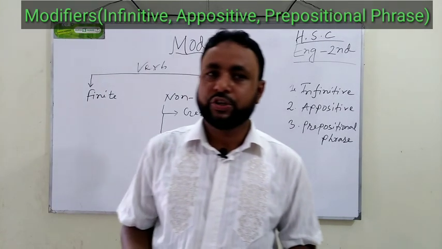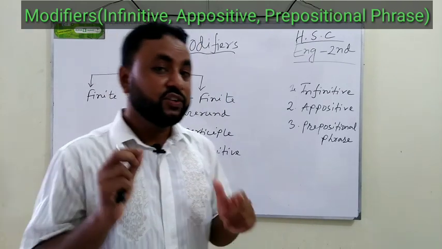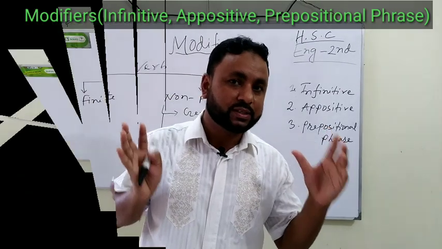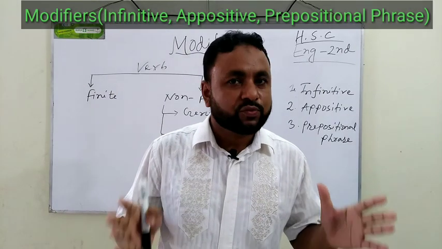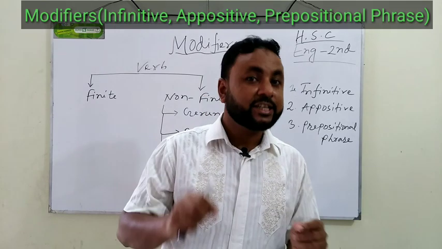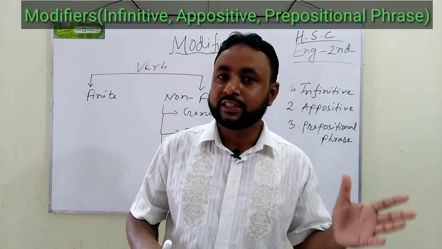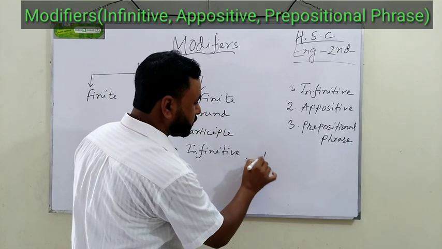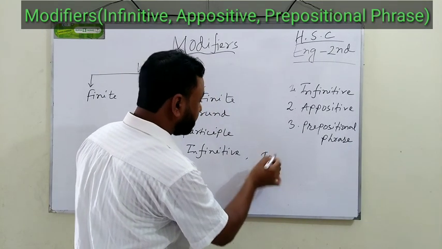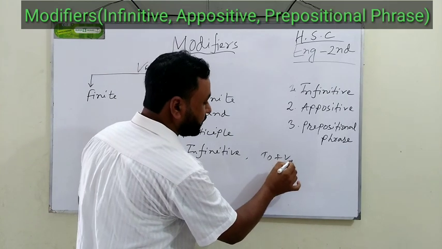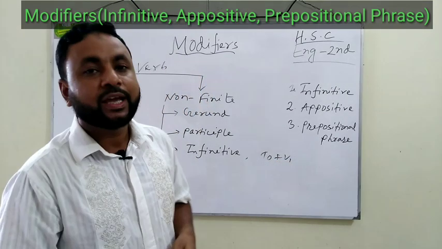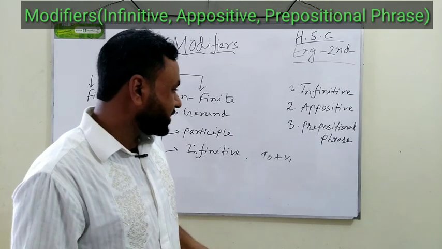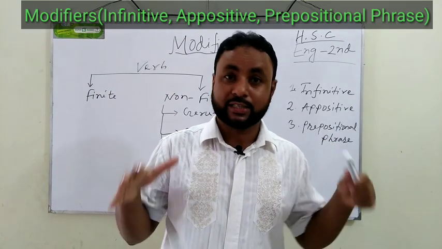What is an infinitive? The infinitive is the base form of a verb with to in front of the verb. You also know that it doesn't work as a main verb.